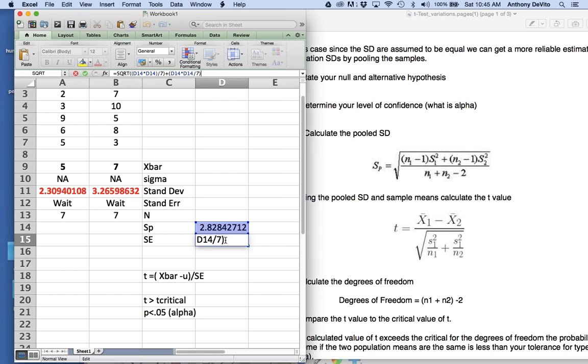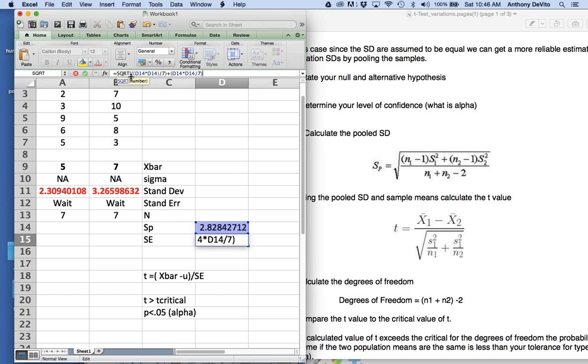Oh, I need an extra parenthesis. That's what it is. I'm missing a parenthesis here. Instead of taking one away, it should be adding it. There it is. There's our standard error. Did you see what went wrong there? You should always have the same number. I didn't have a parenthesis at the end here.